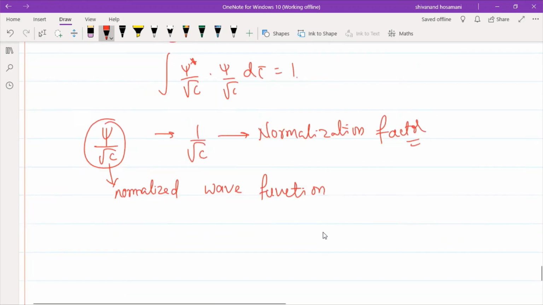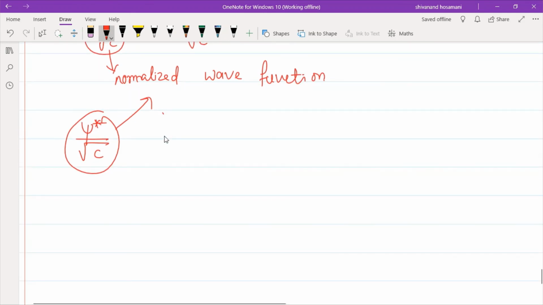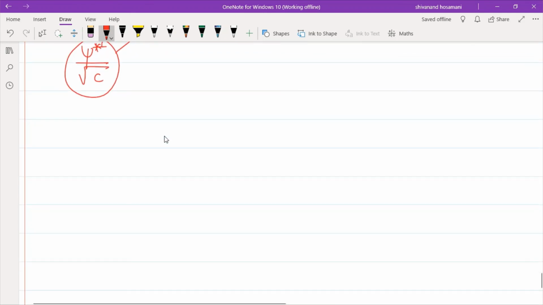Normalized wave function, right? And as it is a complex quantity, if I want to write the complex conjugate, that will become psi star divided by root c, which is also a normalized wave function. Both will satisfy the three-dimensional Schrodinger wave equation, right?